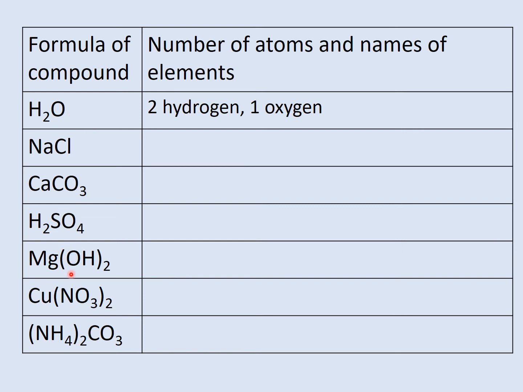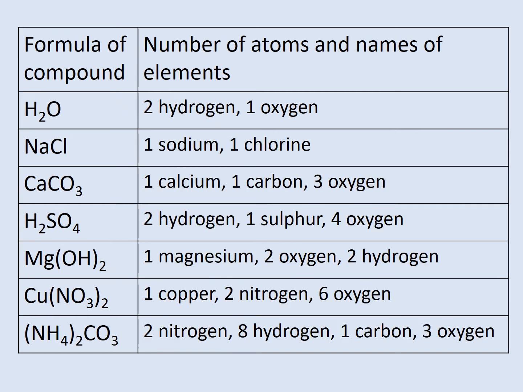If you have brackets, then that means it's the number outside the bracket times everything in the bracket, just like in maths. And here again, down here in the calcium nitrate, you'd have to multiply those numbers to get the amount of oxygen atoms. So when you think you're done, have a look at the next slide for the answers.